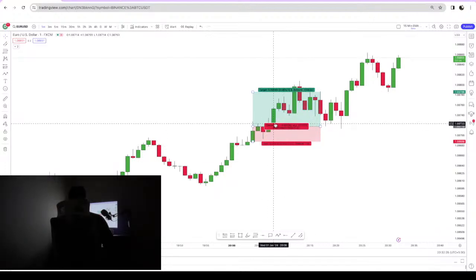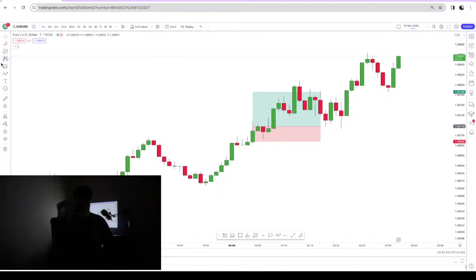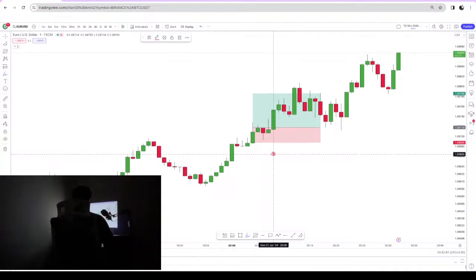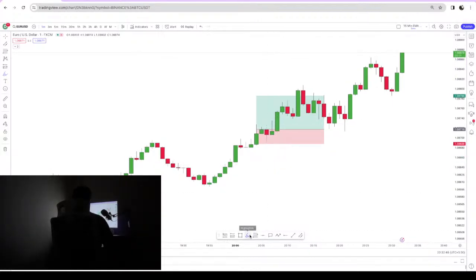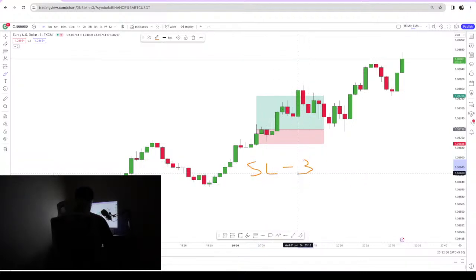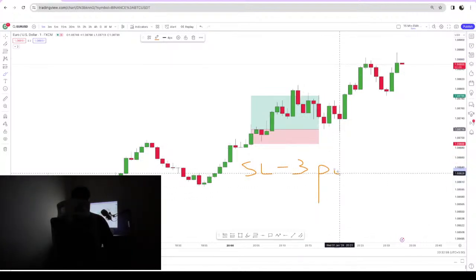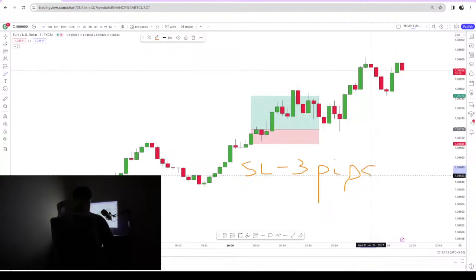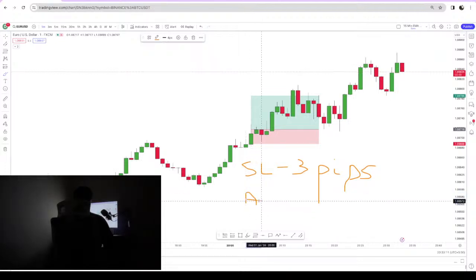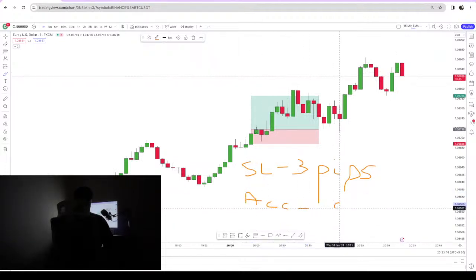If in this position the stop loss is 3 pips, just listen very carefully, okay? And your account size is just $5,000.